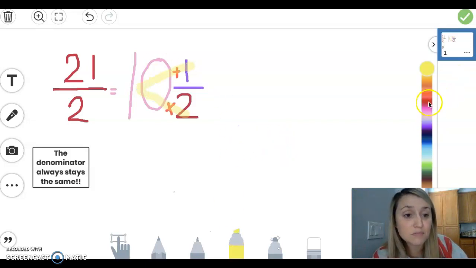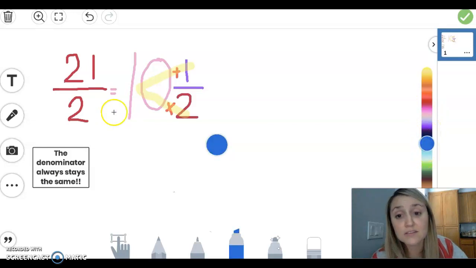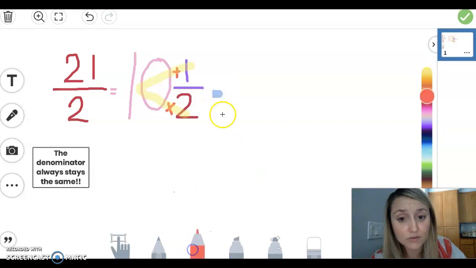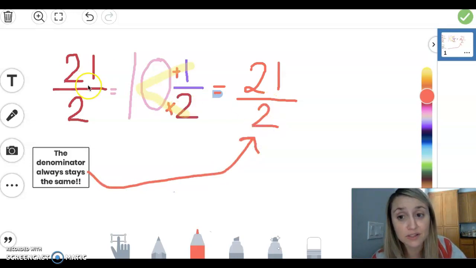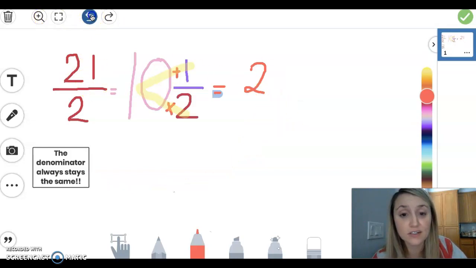So to make this back into an improper fraction, you do 2 times 10, which would be 20, add 1, and you would get 21. And then remember the rule I told you, denominator always stays the same. So our denominator is going to be 2. So as you can see, we have the same number there, so we know that our answer is correct.